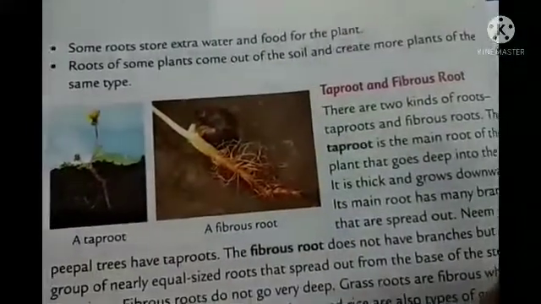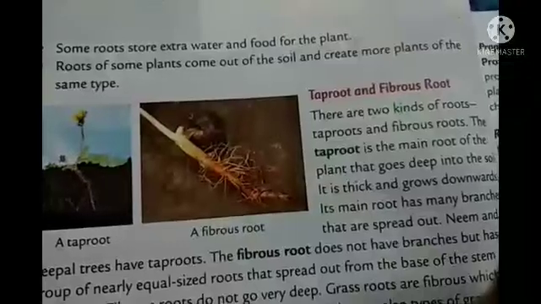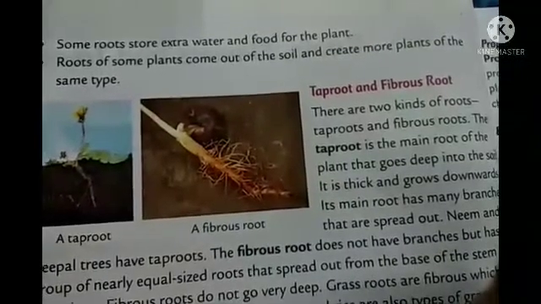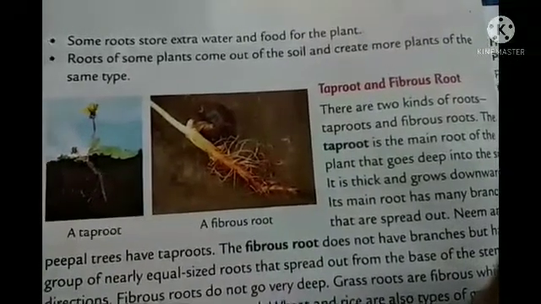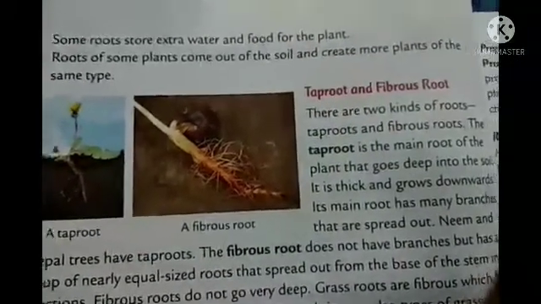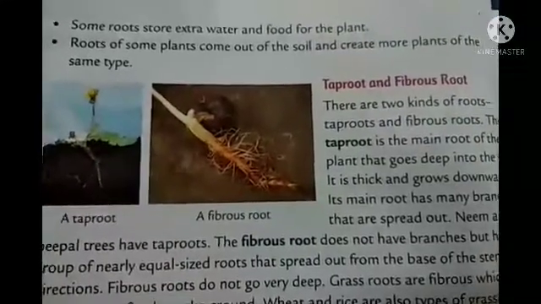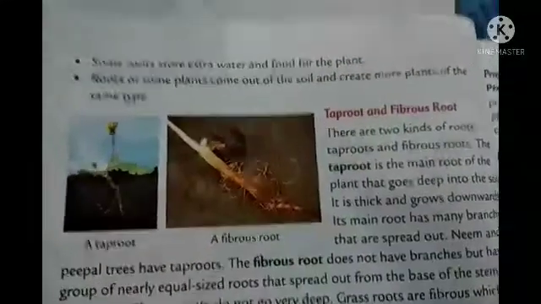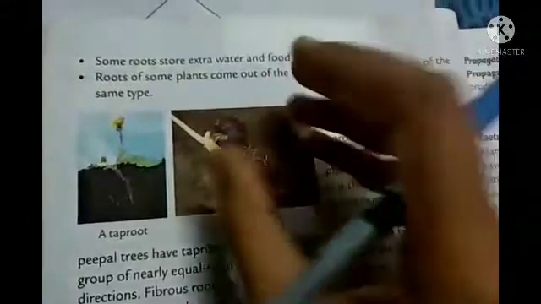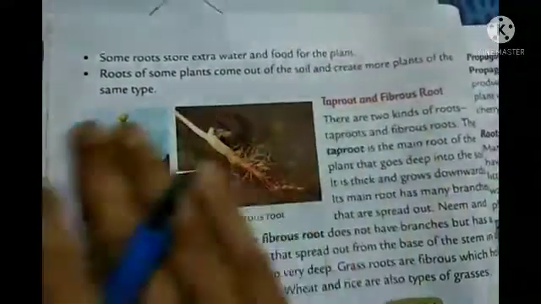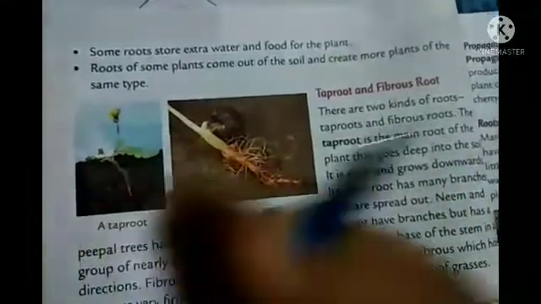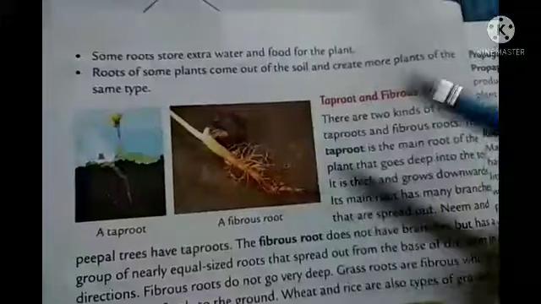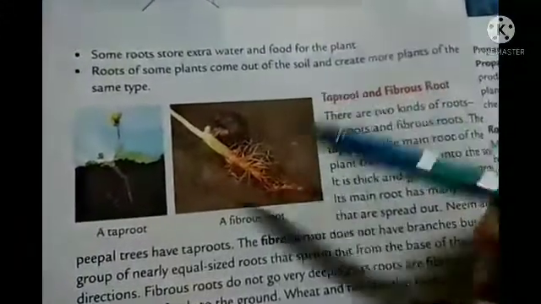Now, the next one: roots of some plants come out of the soil and create more plants of the same type. If you have some plants in your home or surroundings, you will see that when one plant is there, around it you will see some small plants also. From the roots also, some new plants come out.